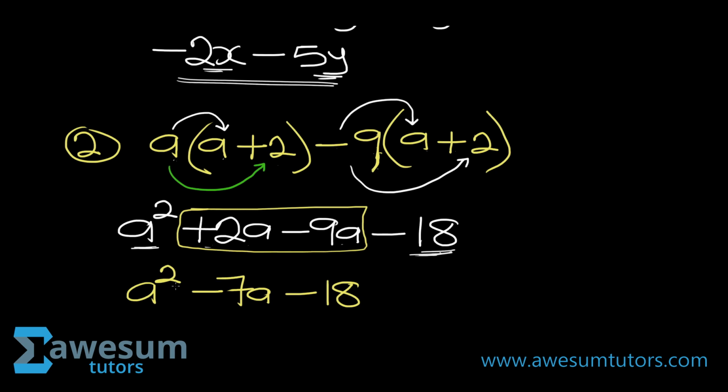Now we have A squared minus 7A minus 18. This is my final answer. I cannot simplify this any further because they are all unlike terms. This is A squared, this is A, and this does not have any variable right here, so they are all unlike terms.